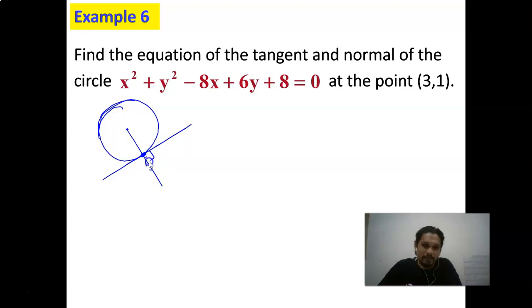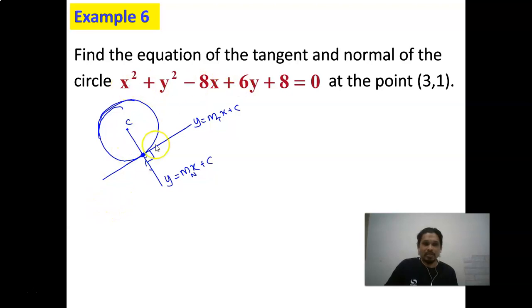It touches at this point here, and between this line and this line they form 90 degrees. So this is the equation of the line of tangent, y equal to m_t x plus c, where this is the gradient of tangent, and this is y equal to mx plus c, where this is the gradient of normal. Now how do we find the gradient of tangent and normal? We need to find the center.